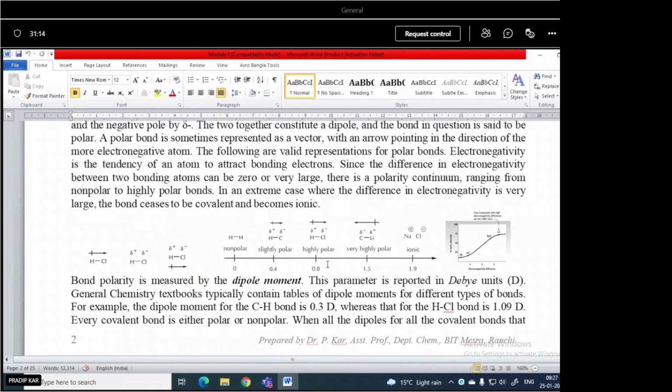In case of HF, it is very highly polar, but a little covalent. And when we go to NaCl, it is 100% or almost polar. This is forming an ionic compound. So as the difference of electronegativity is increasing, the polarity is increasing, and in case of an ionic compound, due to having high electronegativity difference, the electron is transferred from one atom to the other to give the ionic bond.